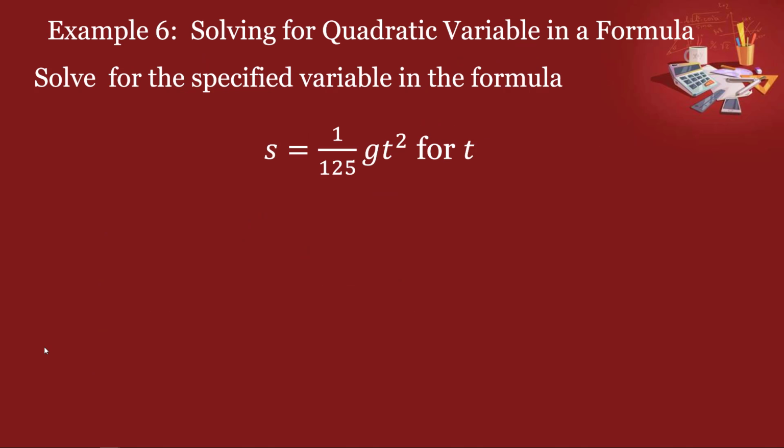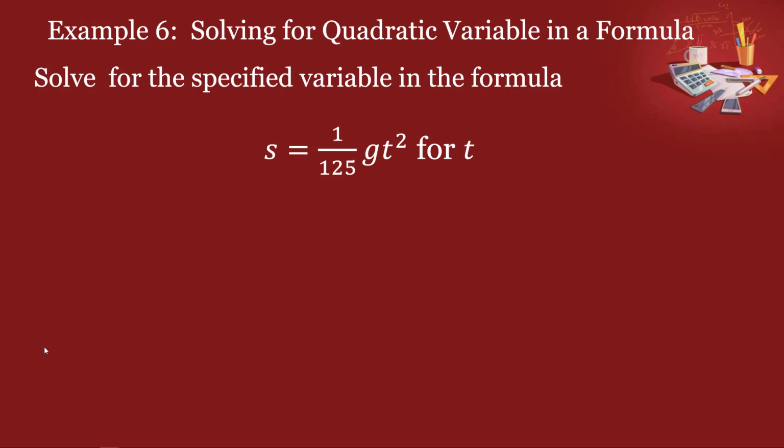So here is a problem that you might find during your homework. It is s is equal to 1 over 125 g t squared, and we want to solve for t. So how do we do this? Well, the first thing is we isolate t, and we can do that by multiplying both sides by 125 and dividing both sides by g.